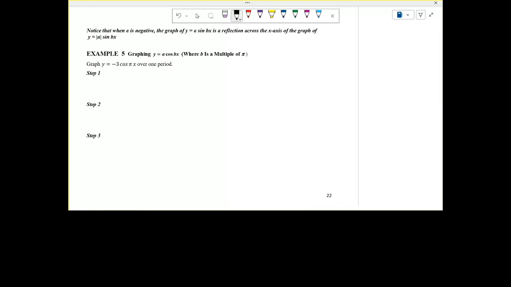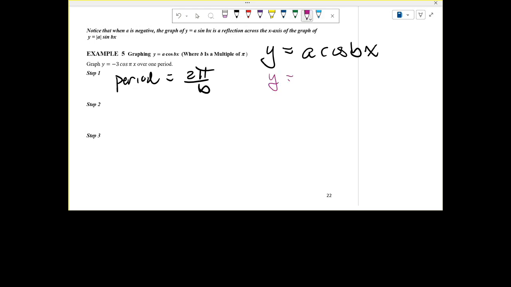So step number 1, we're going to look for the period of the function. The period is always 2 pi divided by b. I'm trying to compare that function to the one we have, which looks like this. Sorry, not a b, but an x somewhere. My question: anybody know what our number b is here?